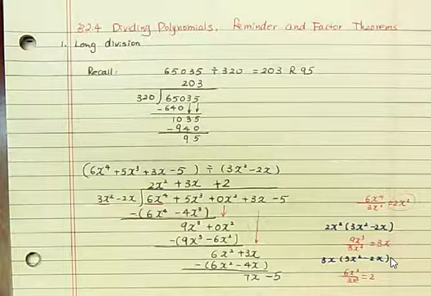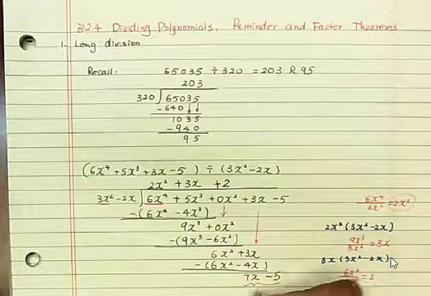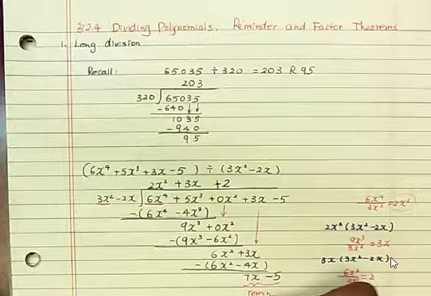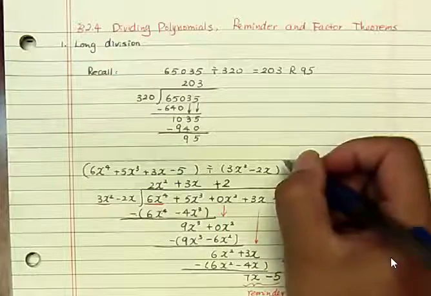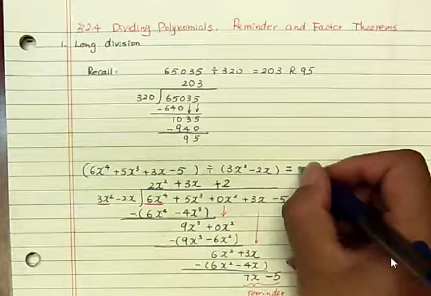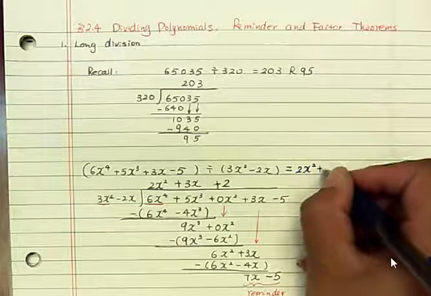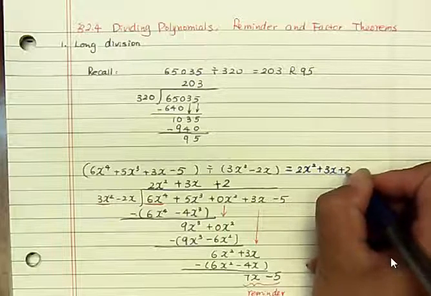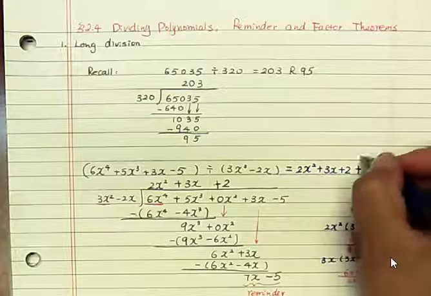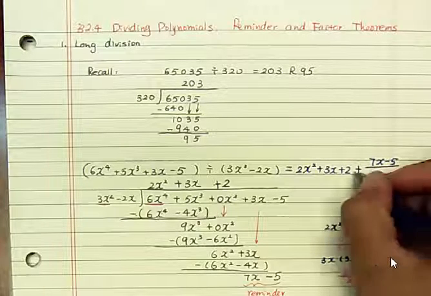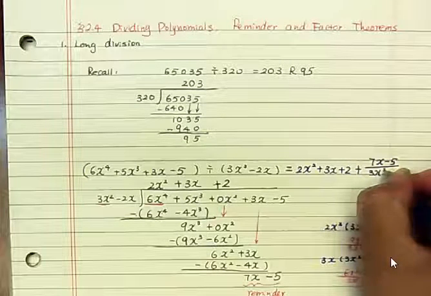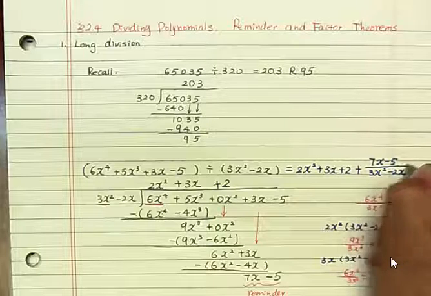So this is your remainder. So what will the solution look like? The solution is equal to 2x squared plus 3x plus 2, that's your quotient, plus the remainder 7x minus 5 over 3x squared minus 2x.